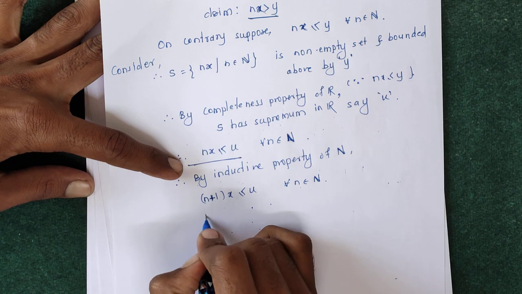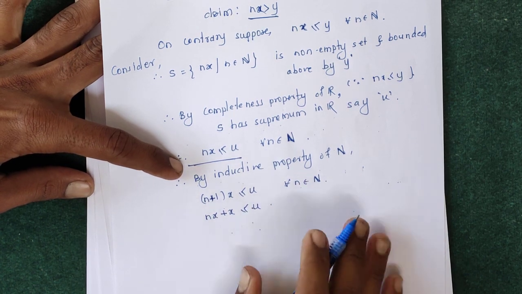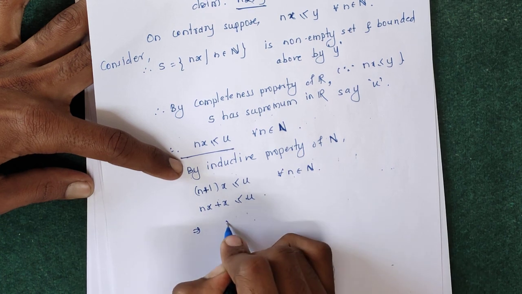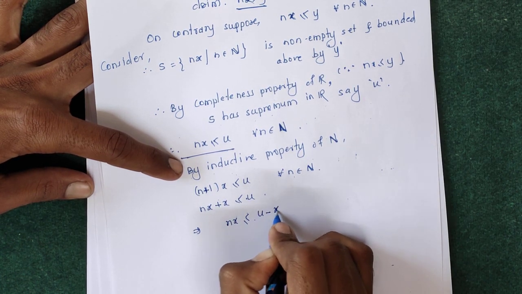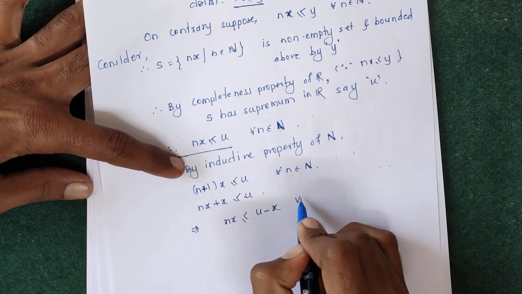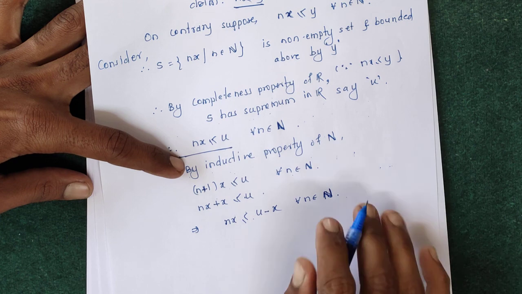This gives nx plus x is less than or equal to U, which implies nx is less than or equal to U minus x for all n belonging to natural numbers.